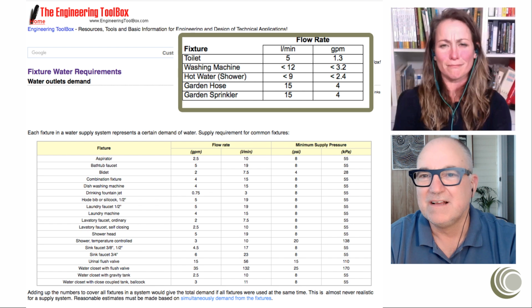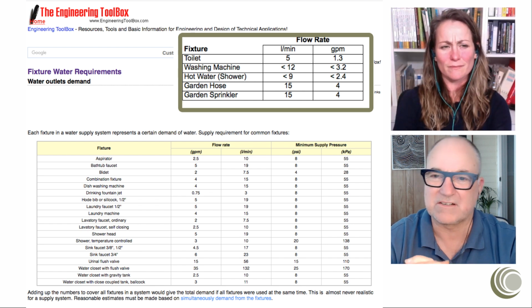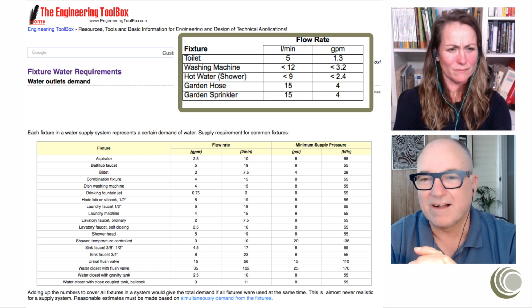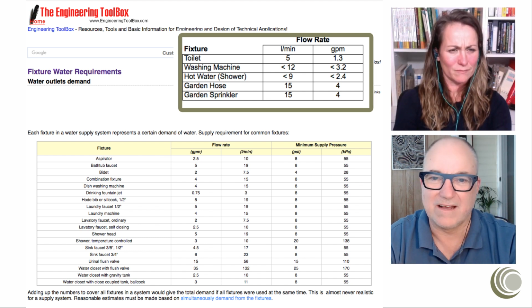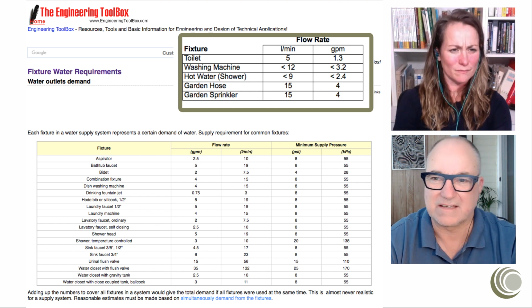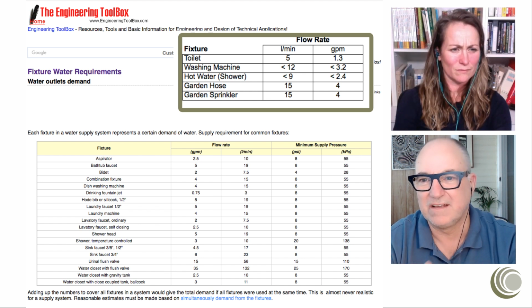So the average topping up for toilets was around 1 litre per minute and probably less. So if you add that to, say, you've got a shower on and you've got a water efficient shower, say 9 litres a minute, you're talking about 10 litres a minute you're needing if you've got the shower and the toilet.